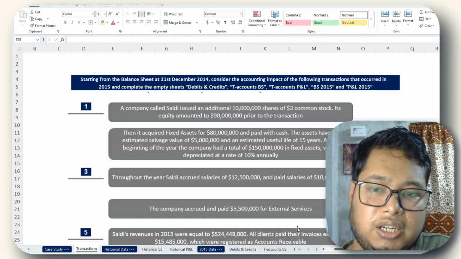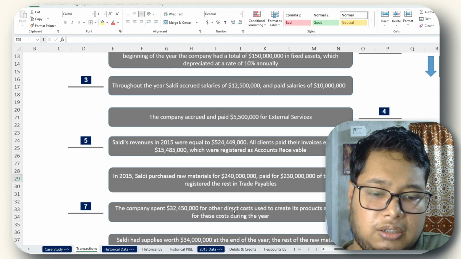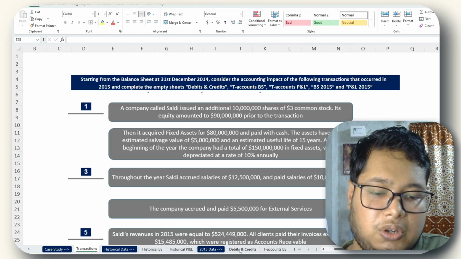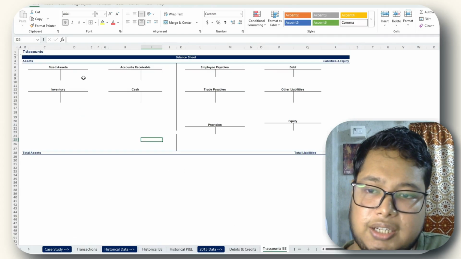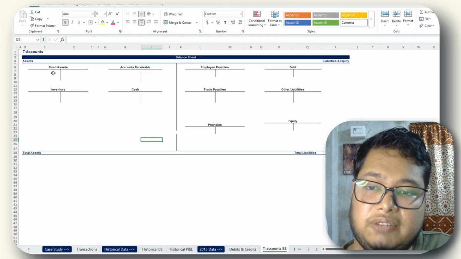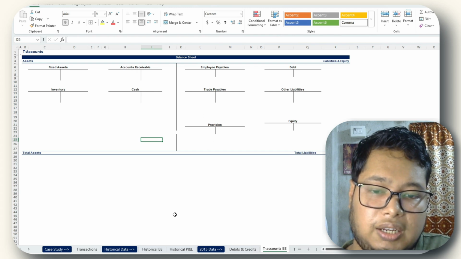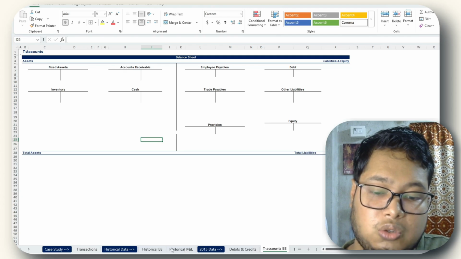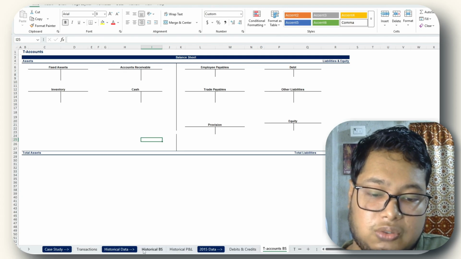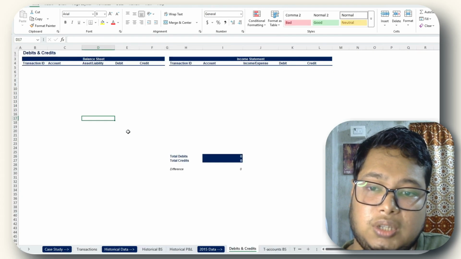Before starting, just because we are limited with the accounts, it would be nice to prepare a list of whatever accounts we can use, so that I can easily do the debits and credits.